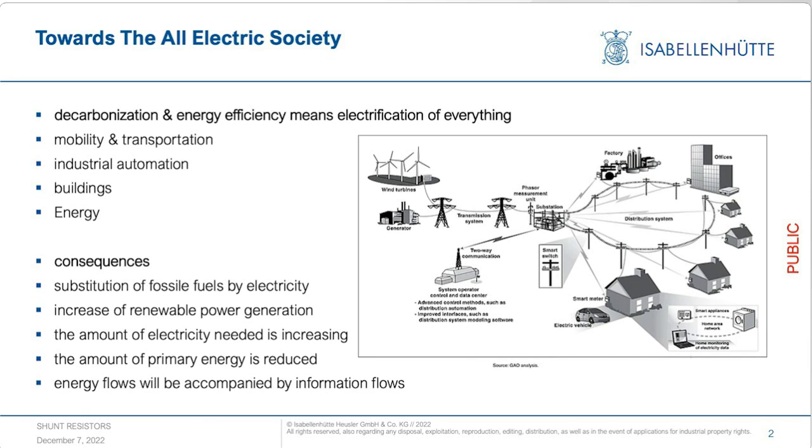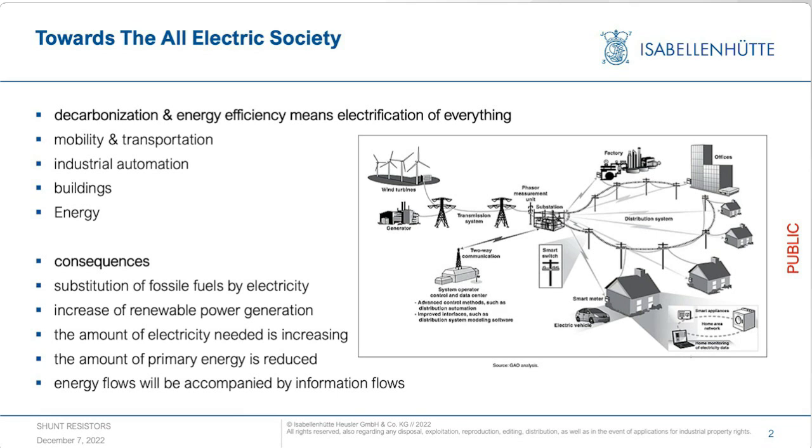In mobility and transportation, you're well aware of electrical cars, driven as well by batteries or by fuel cells. This will be also true in industrial automation. This will be also true in heating or cooling systems for buildings. And obviously, this will be also the case for the energy system itself.